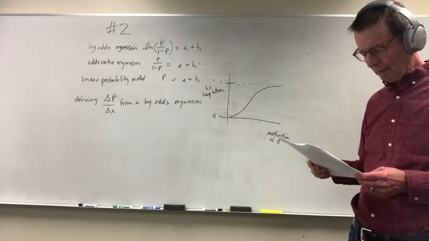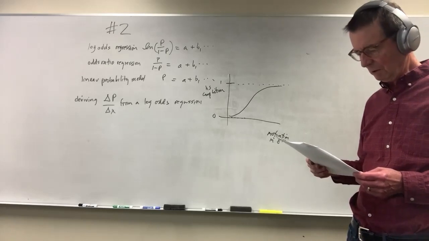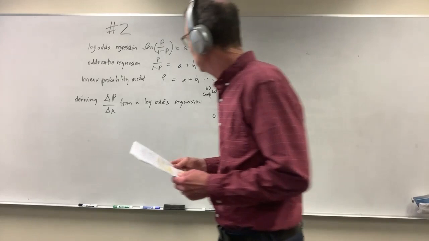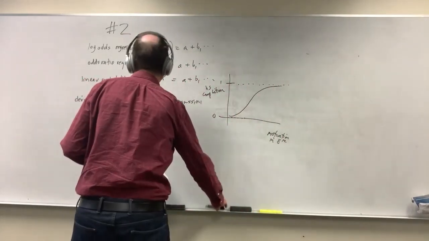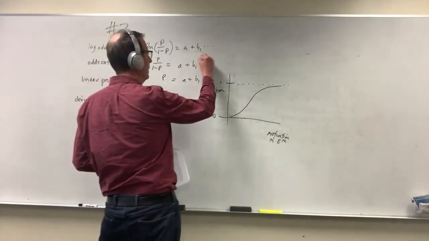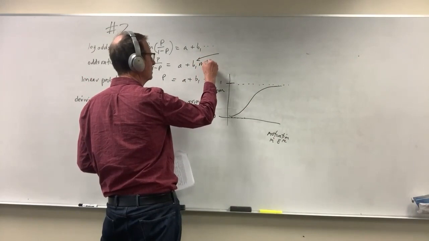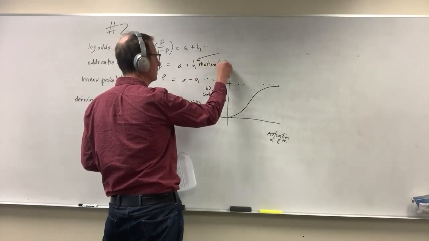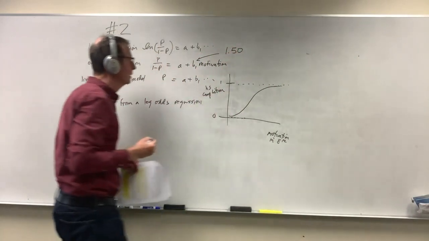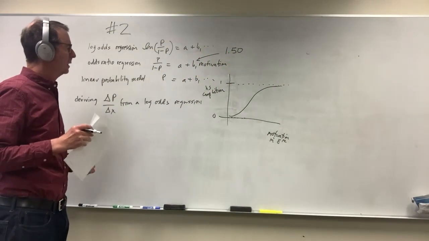But part A, interpret the meaning of the 1.50 coefficient on the motivation variable, right? So here we've run a logistic regression and obtained a coefficient, if this is motivation, of 1.50. And the question asks you to interpret that.